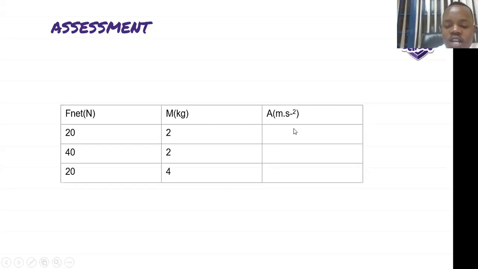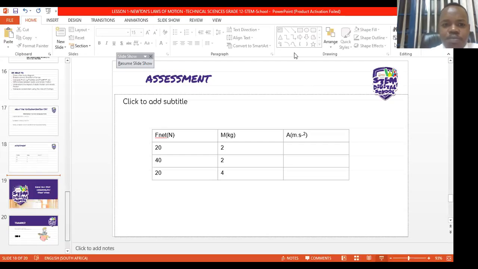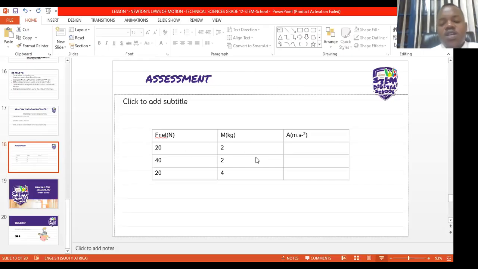So if I were asked to calculate the acceleration of this object, I would then say, I need to use Newton's second law of motion, and it says there, the equation Fnet is equal to ma, right? You remember that.